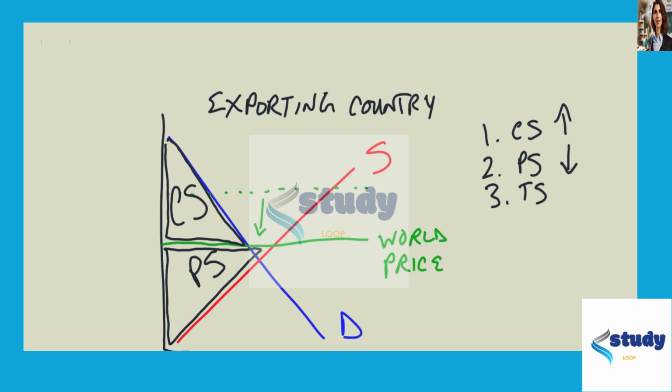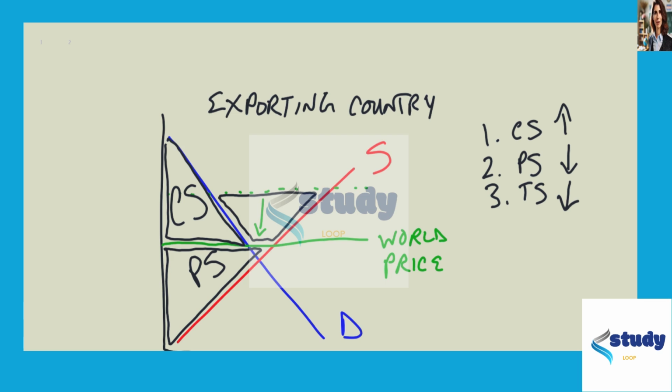Now the question is, what has happened to the total surplus? Well, whereas before we had that trapezoid shape that increased, now we have a trapezoid shape that has decreased. Here, producer surplus has fallen so much faster than consumer surplus that the total surplus has gone down.